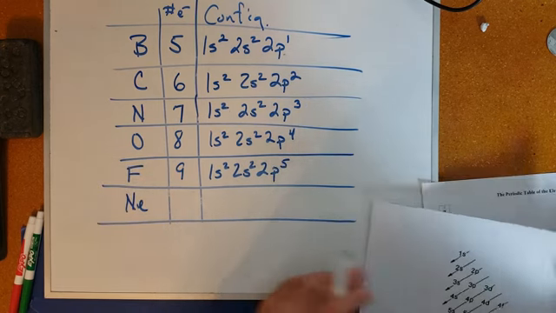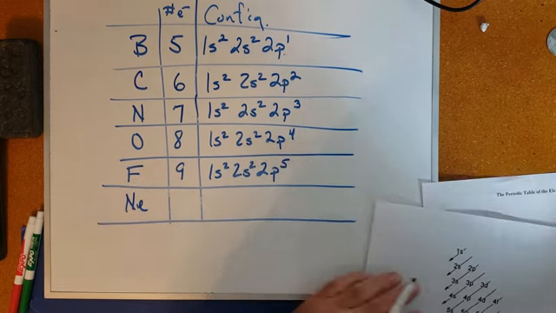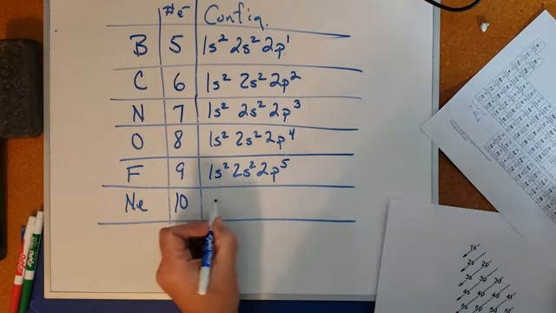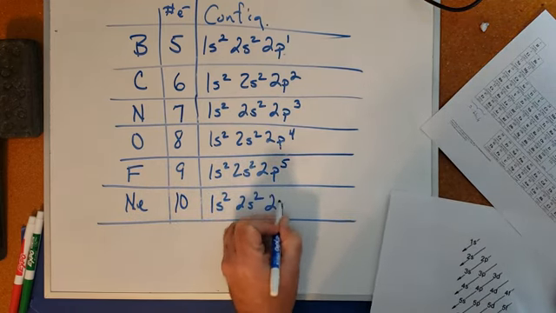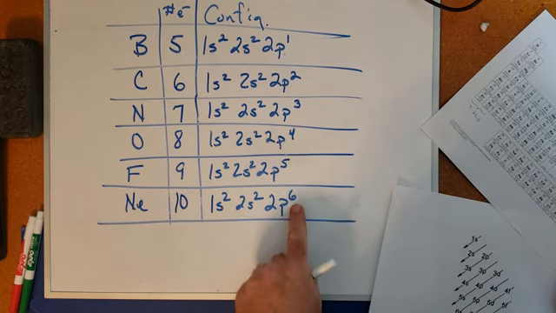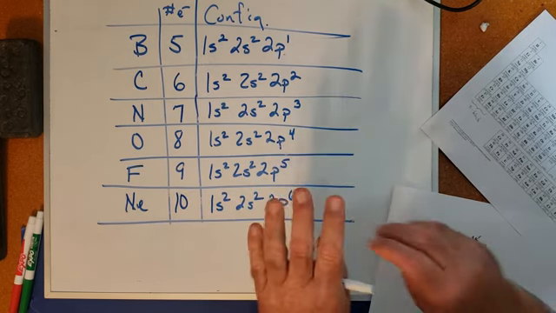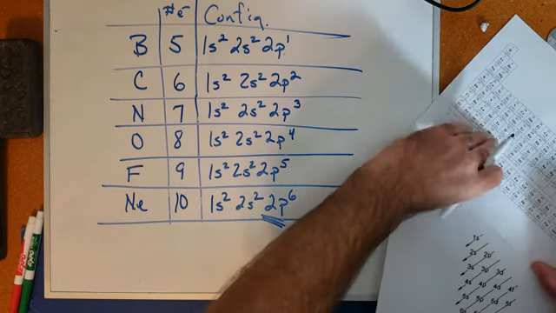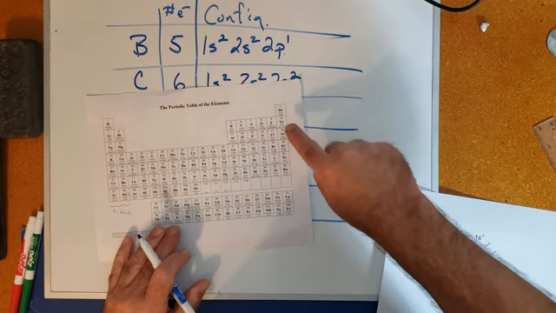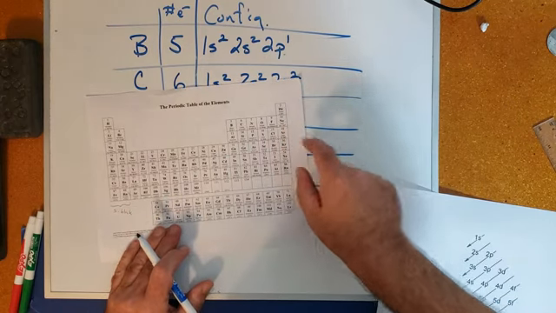As it turns out, neon, at the very end of the periodic table, atomic number 10, is the element that takes up the last place. The 6th electron fills up the 2p orbital, so we've run out of space in the 2p, and we've run out of periodic table.